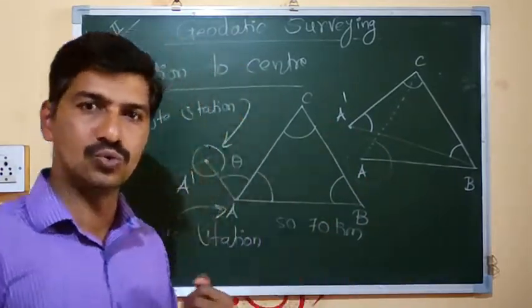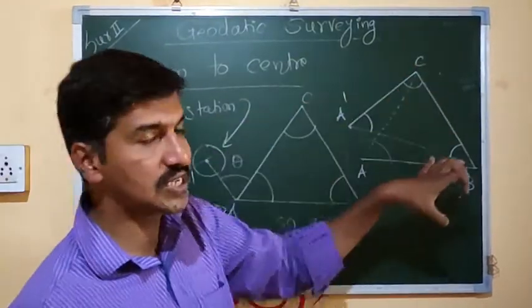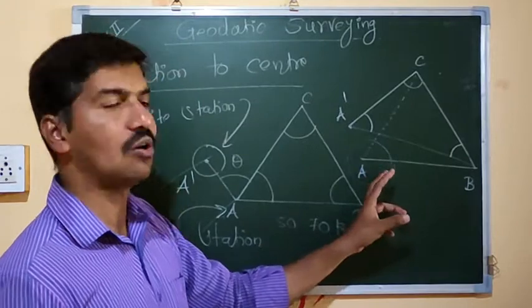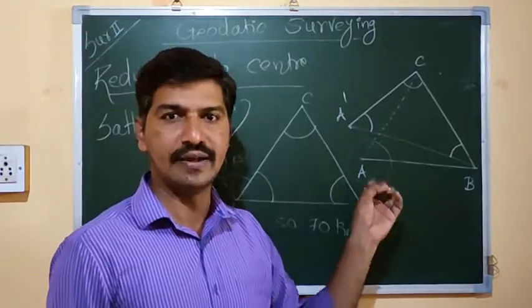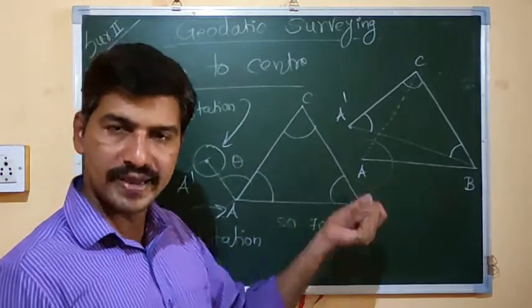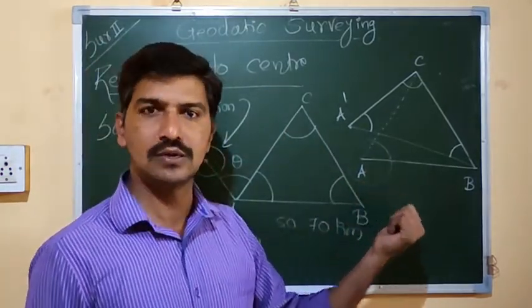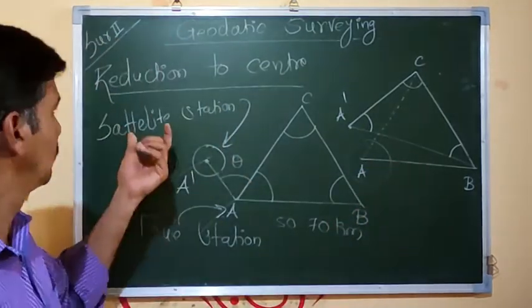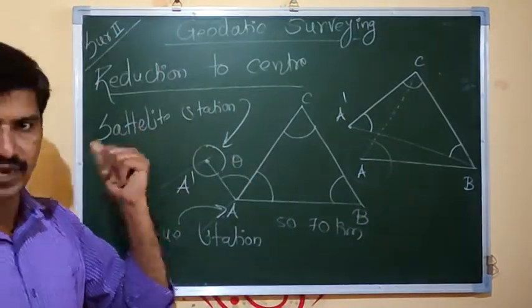That we have to do the calculation. This whole process of calculation of measurement, angles, distances, which were to be calculated from point A, but due to the new station, which is the satellite station, we have taken up.